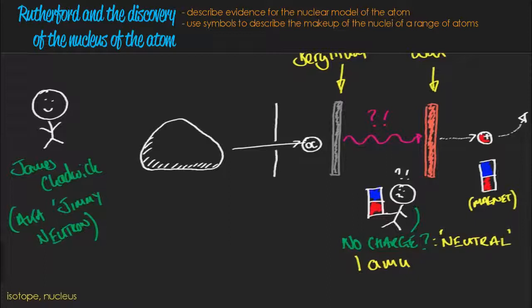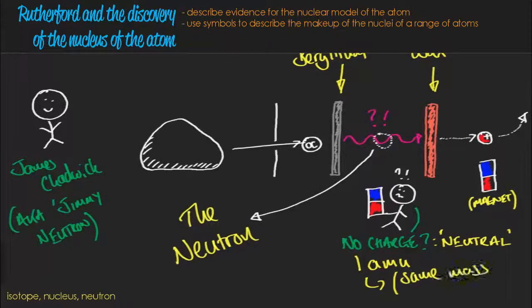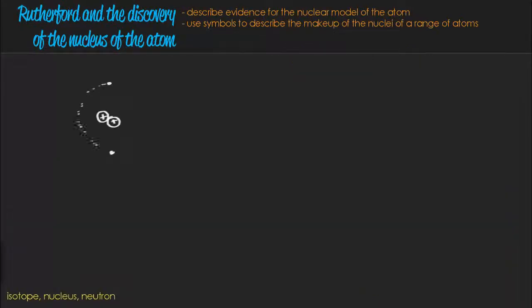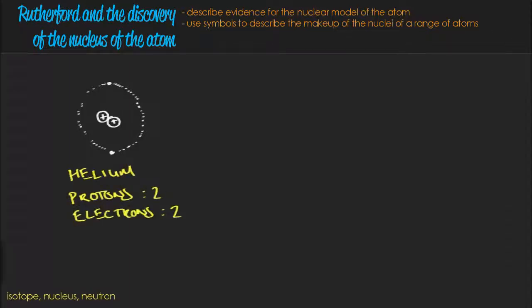Scientists around the world were seriously excited, and it's no wonder they were so happy. We now had everything we needed to start building up the internal structure of the atom. Helium had 2 protons and 2 electrons, and because it weighed 4 times as much as hydrogen, it must have 2 neutrons. Lithium was the next heaviest element.